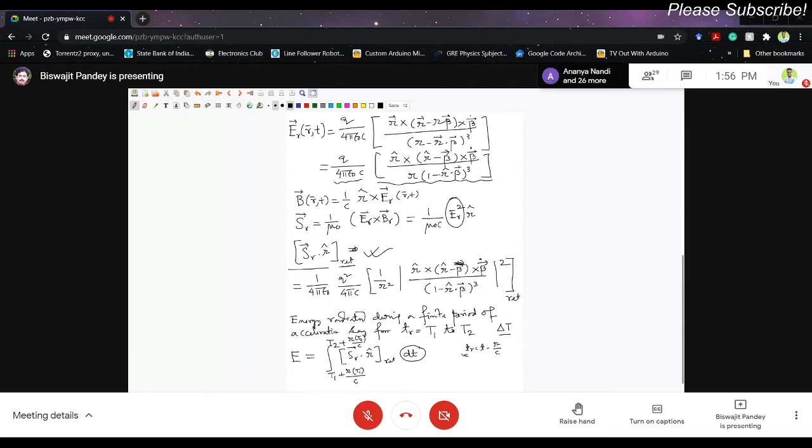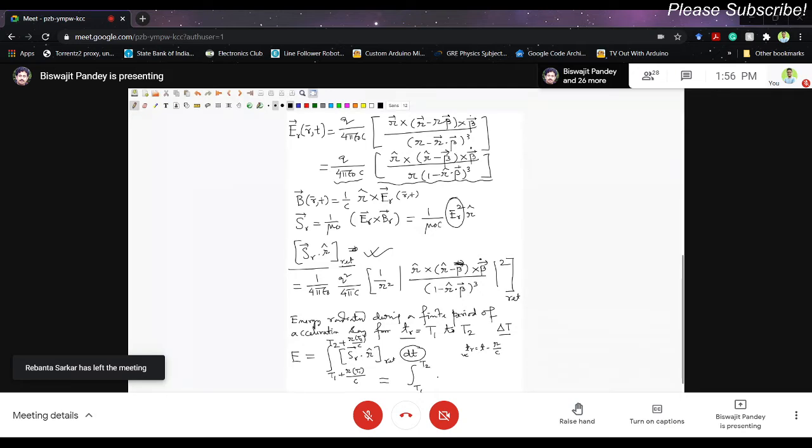Now, if I want to write down the same integral in terms of the time of the moving point charge, the same expression can be written as an integral where the time interval should be the retarded time, t1 to t2.